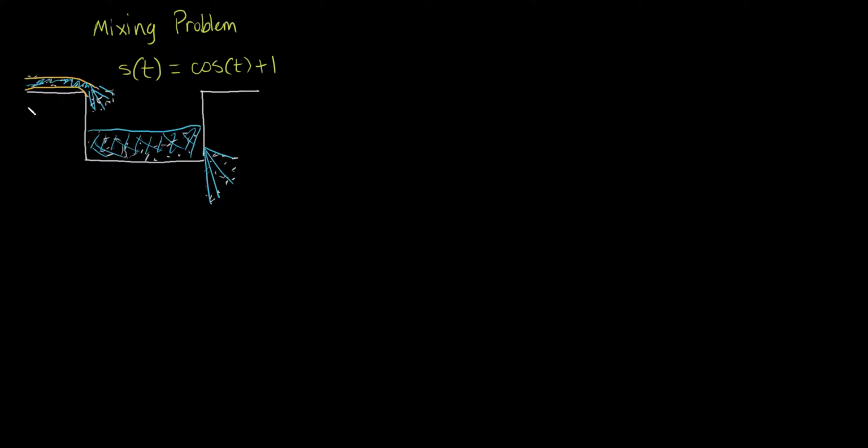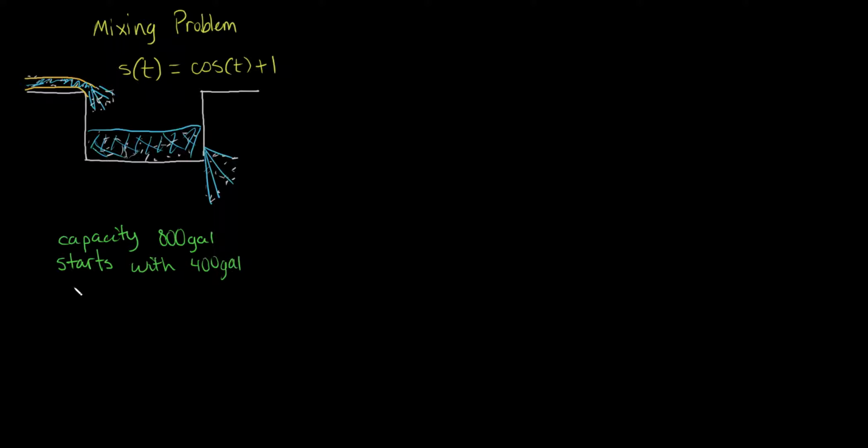So, let's say the pool has a capacity to hold 800 gallons of water, and it starts with 400 gallons. So it's starting half full.